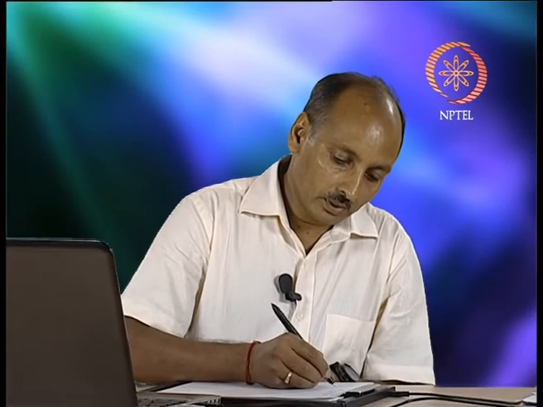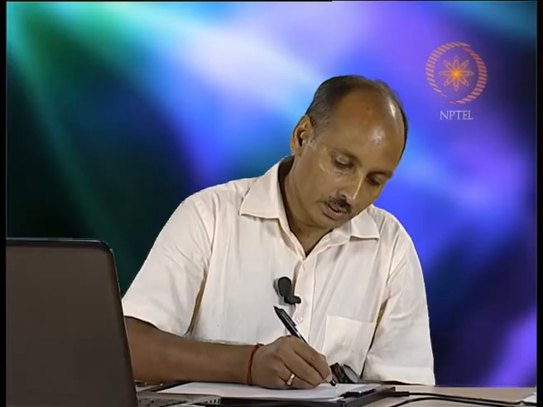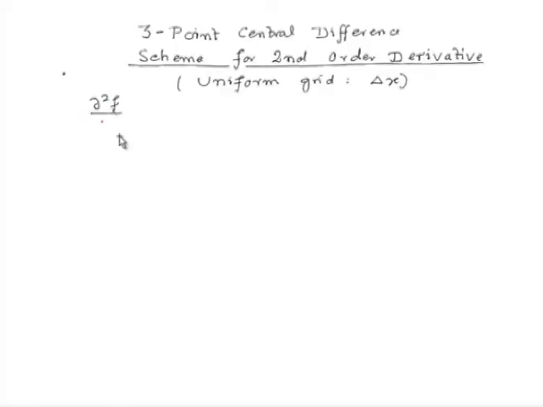So let us rewrite our formula of Chung, del 2 f over del x square at the grid point I is approximately equal to a fi plus b fi minus 1 plus c fi plus 1 divided by delta x square.